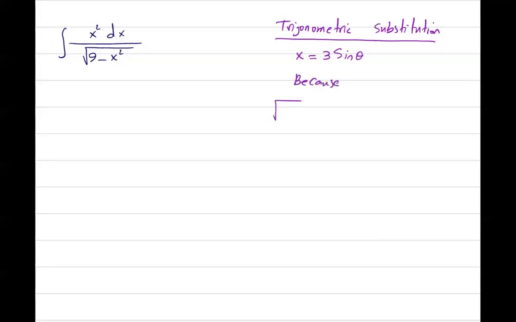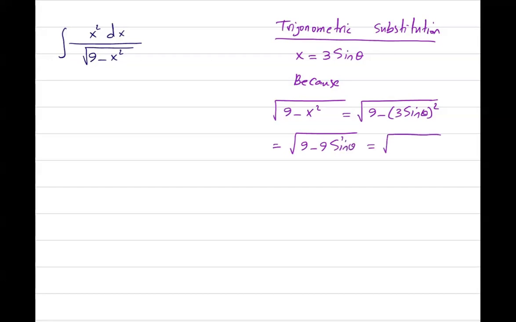Let me write down the reason behind it. We have the square root of 9 minus x squared, which can be written as the square root of 9 minus 3 sine theta to the second, which can be written as the square root of 9 minus 9 sine squared of theta. You can factor out 9, you get 1 minus sine squared of theta, which in turn can be written as the square root of 9 times the square root of 1 minus sine squared of theta, or you get 3 times the square root of cosine squared of theta, or you get 3 cosine theta.